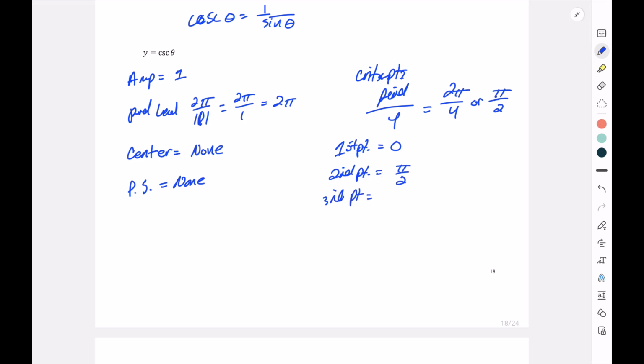Third point, 2 pi over 2, or pi. Fourth point would equal 3 pi over 2. And then our fifth point would equal 4 pi over 2 or just 2 pi.